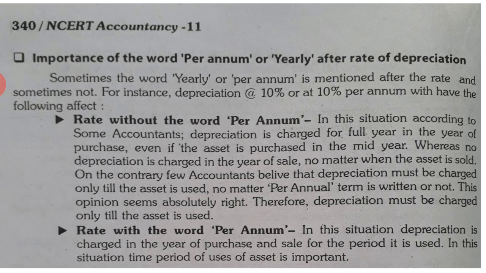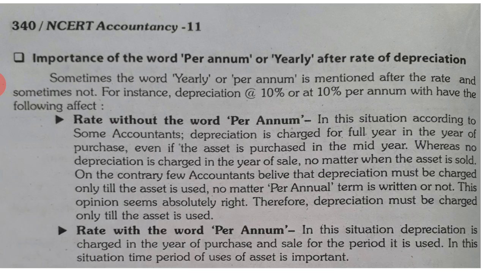And when it is without per annum, and if it is purchased in the mid-year, then no depreciation is charged in the year of sale, no matter when the asset is sold. And if it is purchased in the middle of the year, then depreciation will be charged for the whole year.